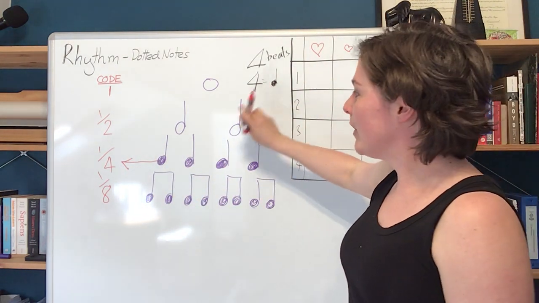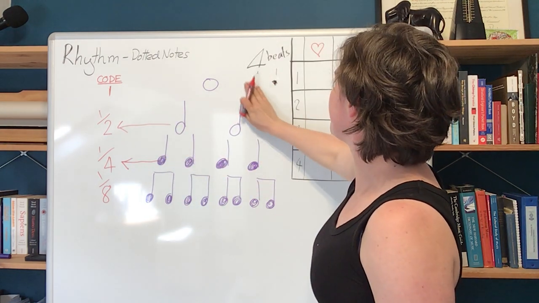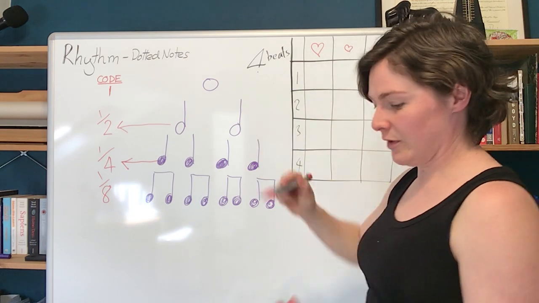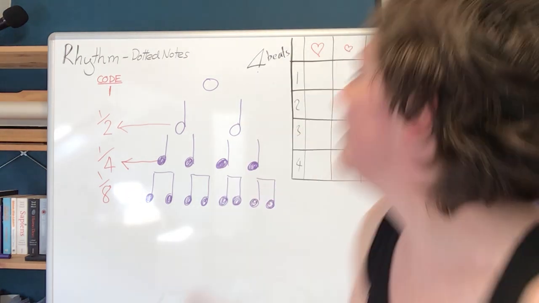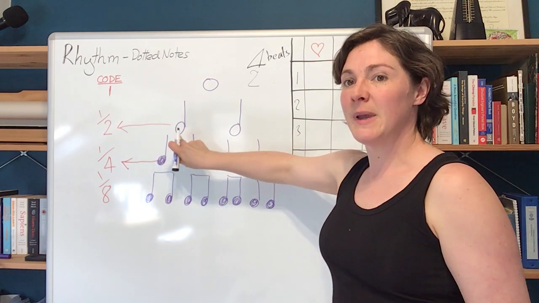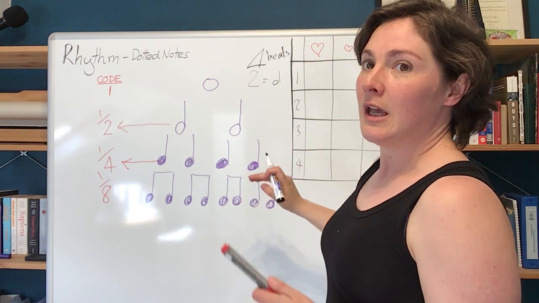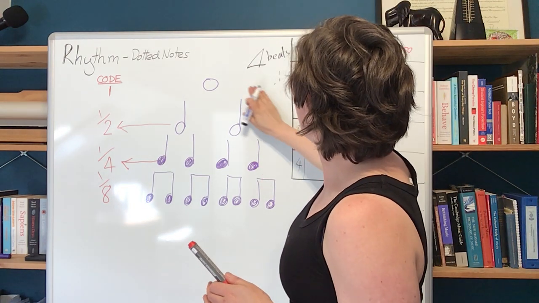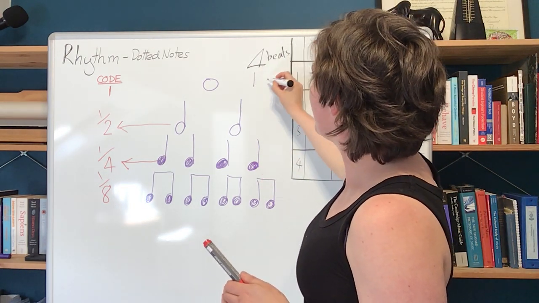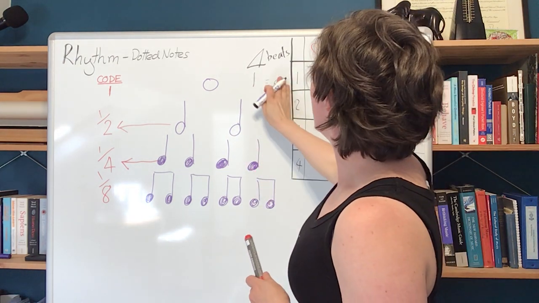If we saw a 2 at the bottom, according to our rhythm tree, the code number 2 is for a minim, so we'd be counting in minims. It's very rare, but if you saw a 1 at the bottom, we would be counting in semibreves.